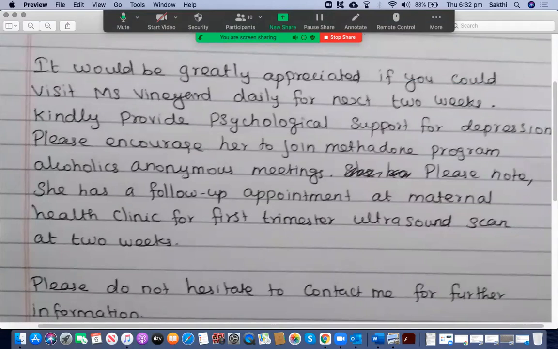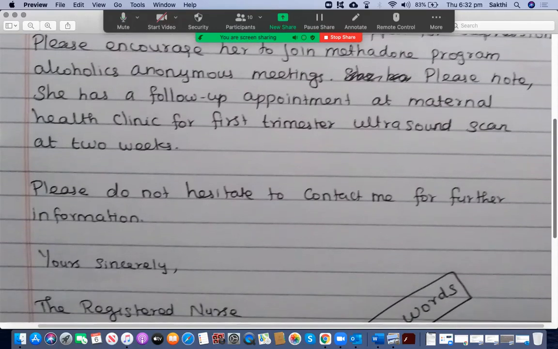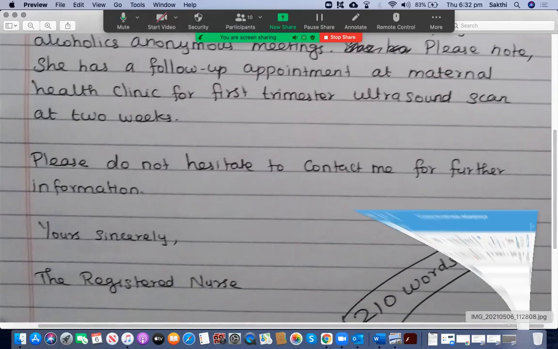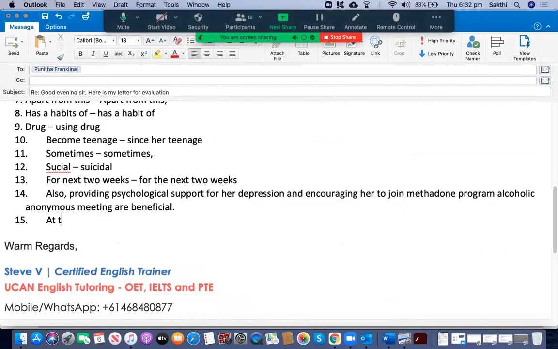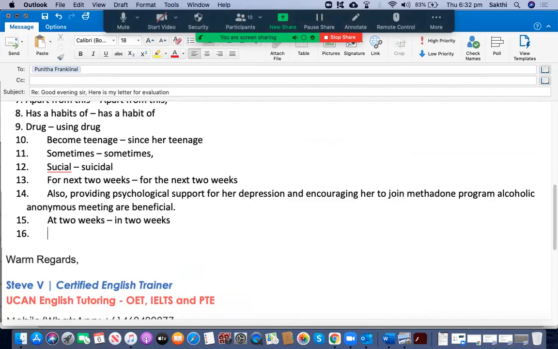Please note she has a follow-up appointment at maternal health clinic for first trimester ultrasound scan at 2 weeks. It's not at 2 weeks, it's in 2 weeks. At cannot be used with 2 weeks. In 2 weeks. Okay, right.